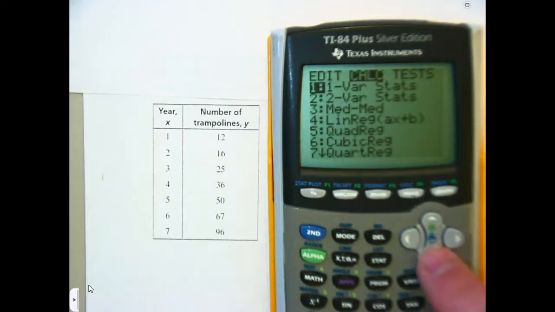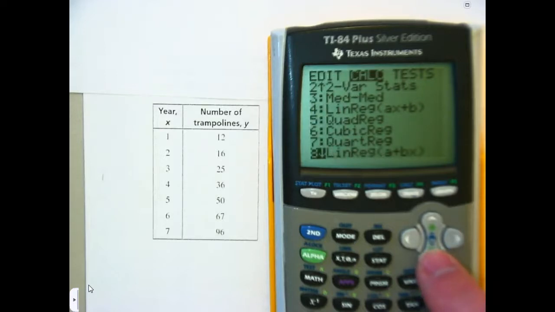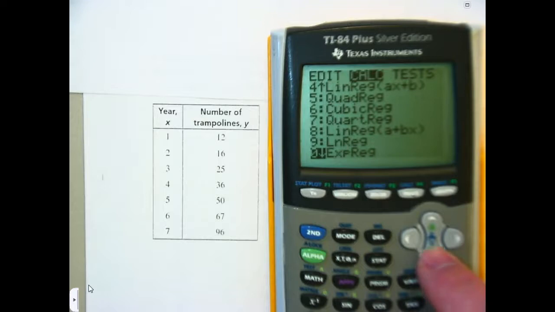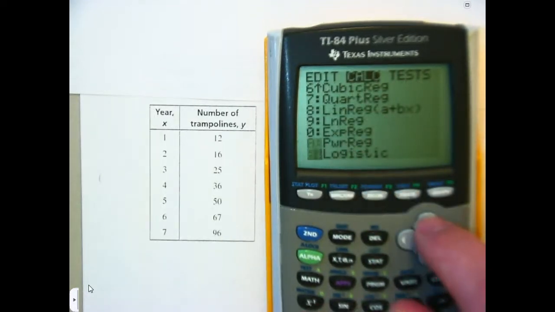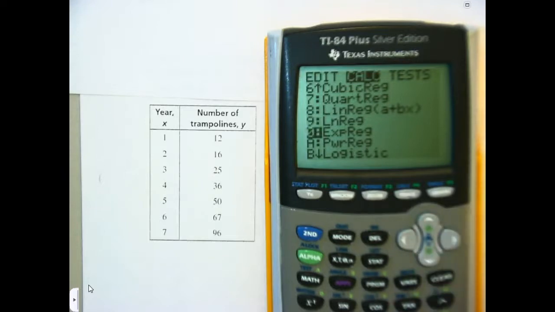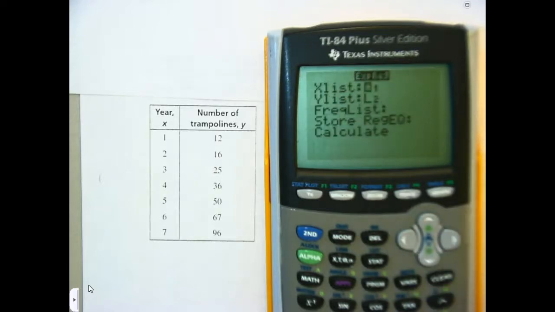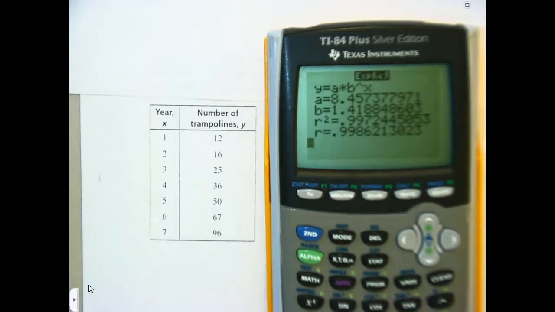We are calculating not linear regression like we did earlier in the year, quadratic, or cubic, or quartic. We keep going, and notice we have natural log regression, we have exponential, we have power. We want exponential regression. We hit enter. List 1 is where we put our X list. List 2 is where we put our Y list. And we hit calculate, and there is our exponential regression.